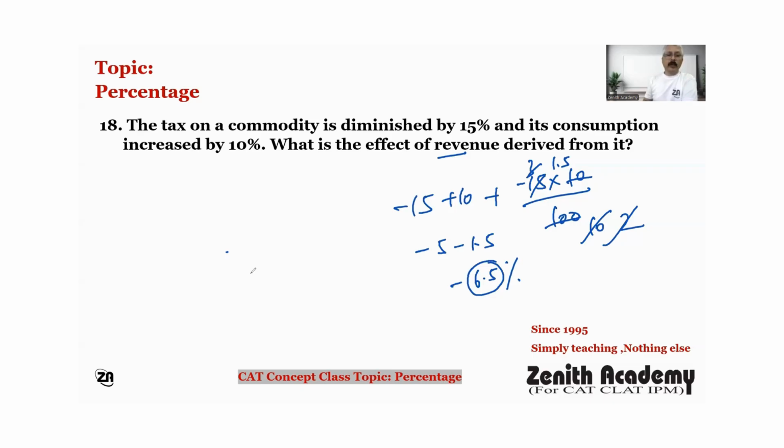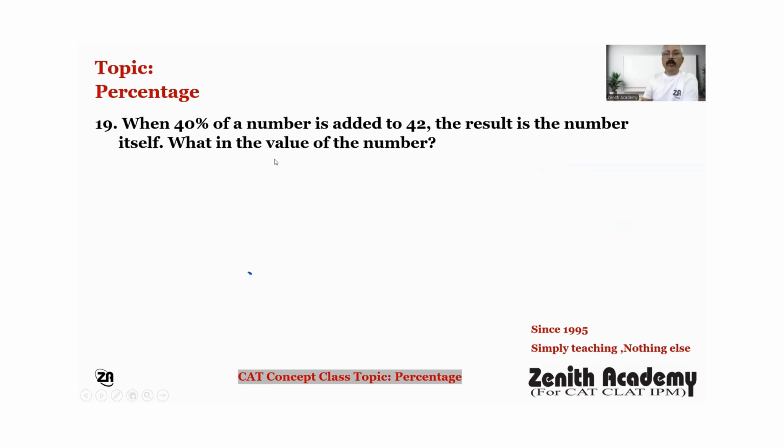Now see the next question. When 40% of a number is added to 42, the result is the number itself. What is the value of the number? Suppose there is a number n and 40% of the number is added to 42, the result is the number.